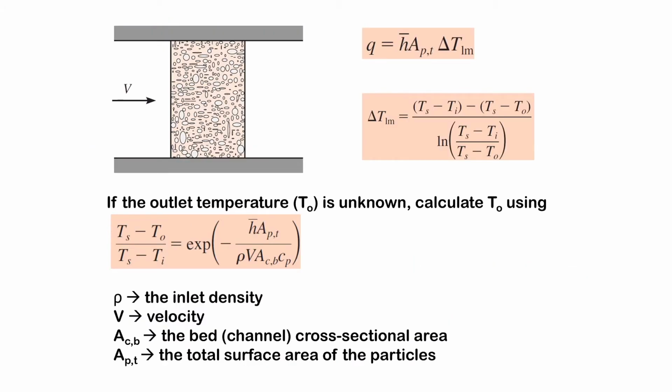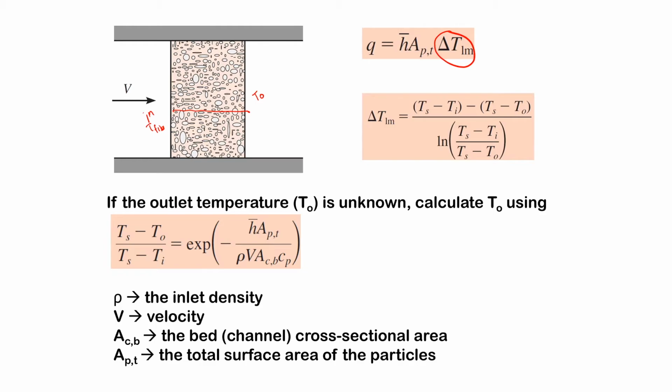And again, if we are trying to calculate the heat transfer rate across, there is an inlet here and an outlet here. The fluid is coming in here, and the fluid is going out here. So we'll be using again the log mean temperature, because the fluid temperature is changing as it travels across the porous bed.